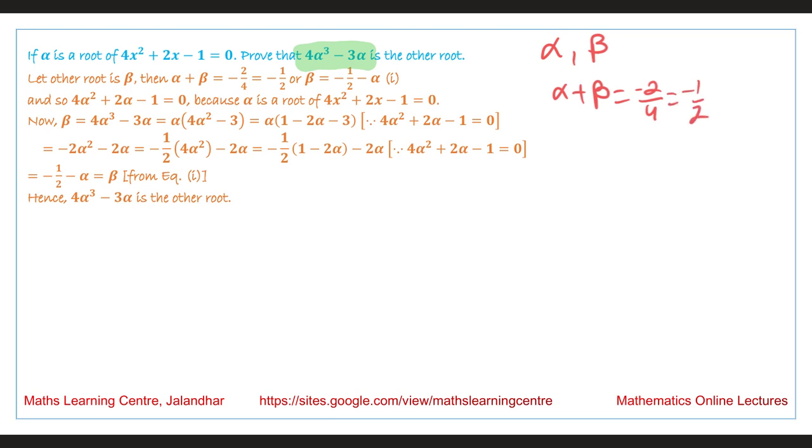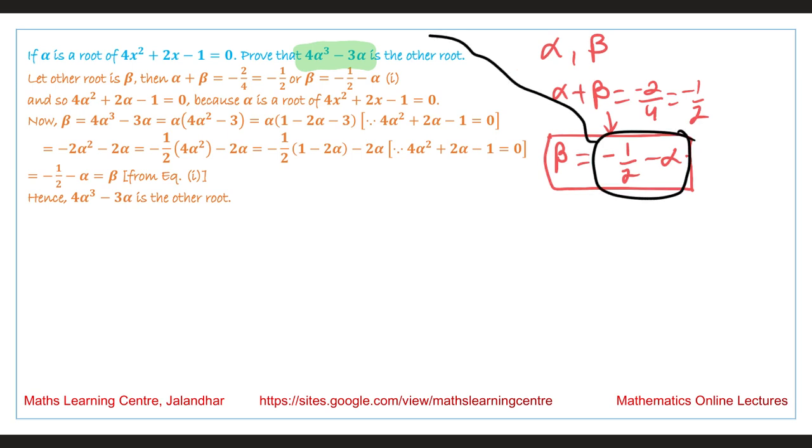So if alpha is one of the roots, the value of beta is minus 1 by 2 minus alpha. From this equation we obtain this value. Now we have to reduce this, and we have to write this value in terms of 4 alpha cube minus 3 alpha.